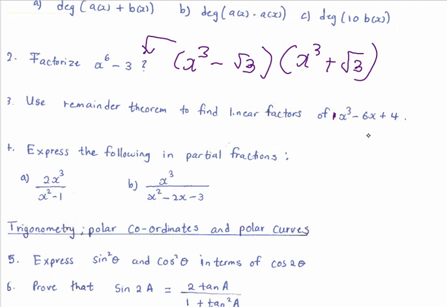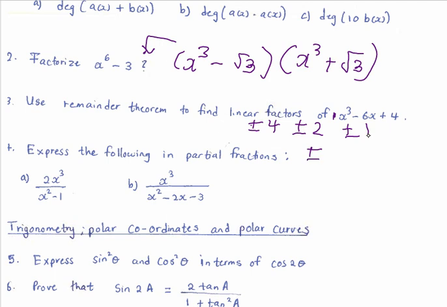You must ask yourself what the factors of 4 are, and the factors of 4 are 4, 2 and 1. And the factors of 1 is just 1.